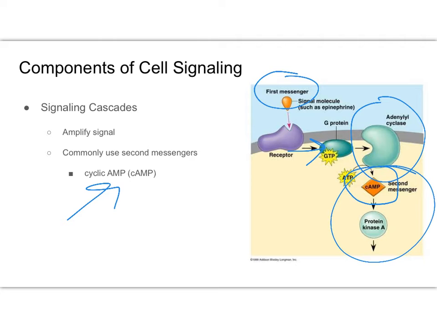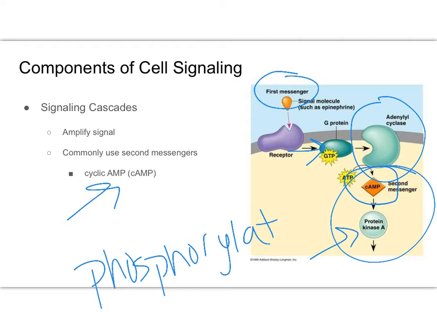And when it forms that cyclic AMP, that's what's going to trigger all of these signaling cascades. These signaling cascades are usually based off of protein kinases. Protein kinases, in general, are molecules that phosphorylate other molecules. When we phosphorylate something, we add phosphate to it.